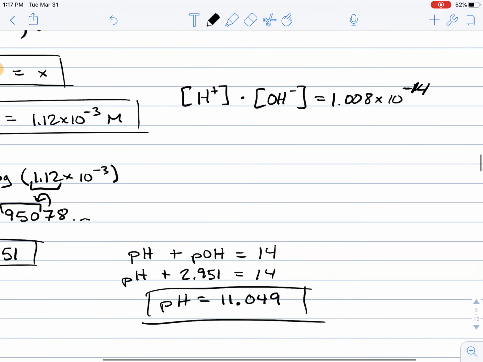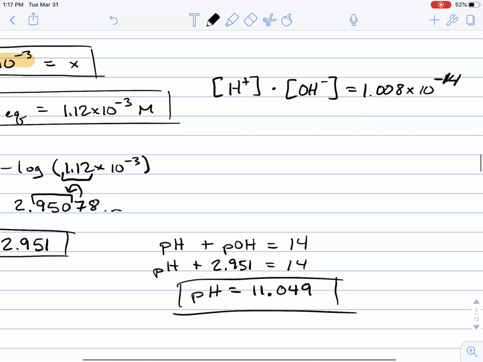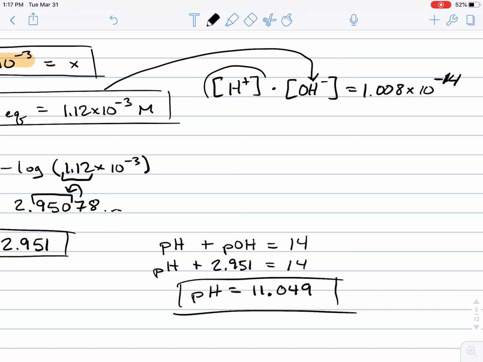Okay. And so if you plug in this 1.12 times 10 to the negative 3, you can divide it to the other side and get the concentration of H plus. And then to get the pH, you would just take the negative log of the quotient between 1.008 and 1.12 times 10 to the negative 3 molar.